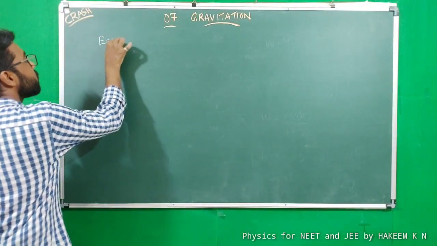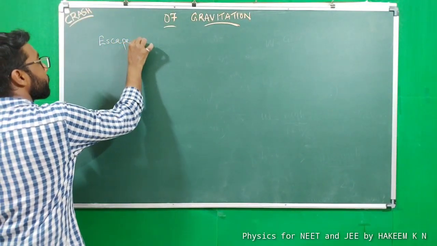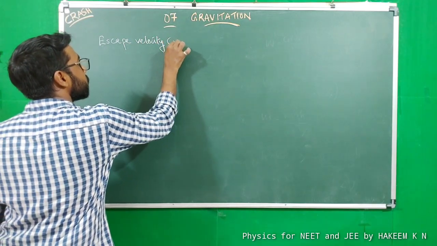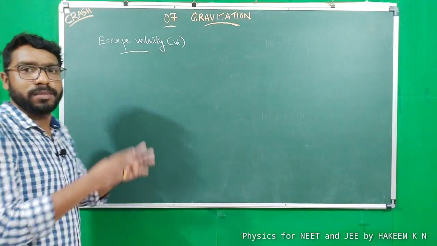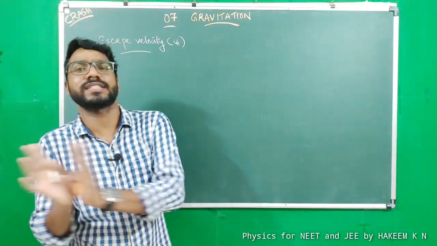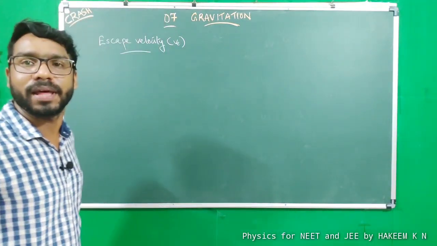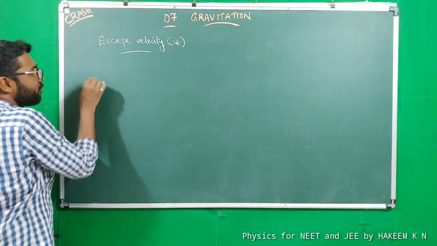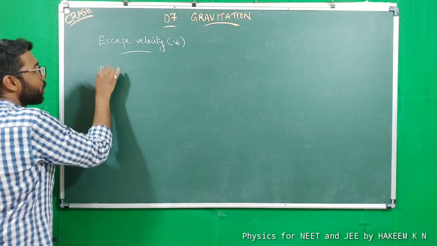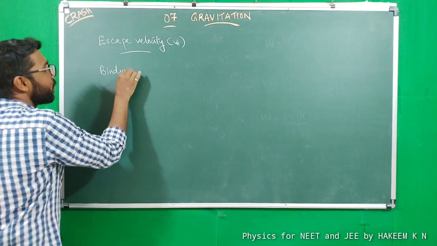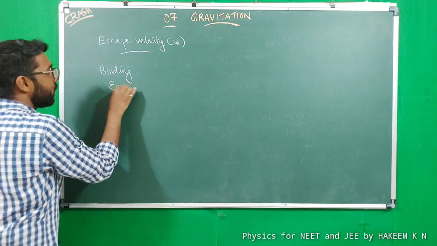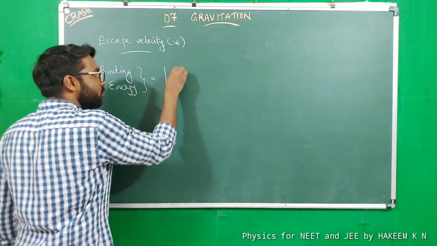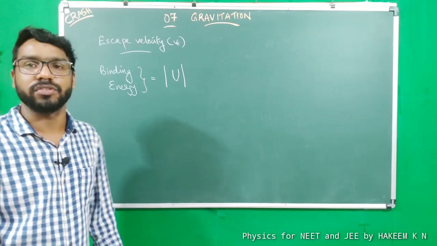Escape velocity. Escape velocity means the velocity given to a body to escape from the gravitational attraction of a planet or earth. For every body, binding energy equals the magnitude of gravitational potential energy.